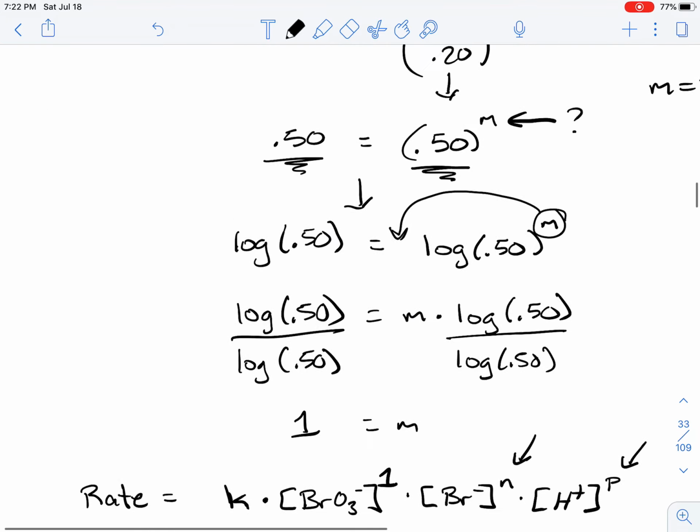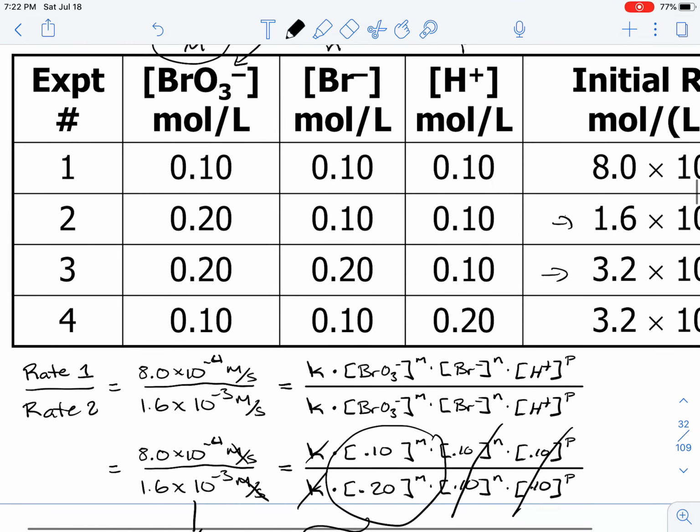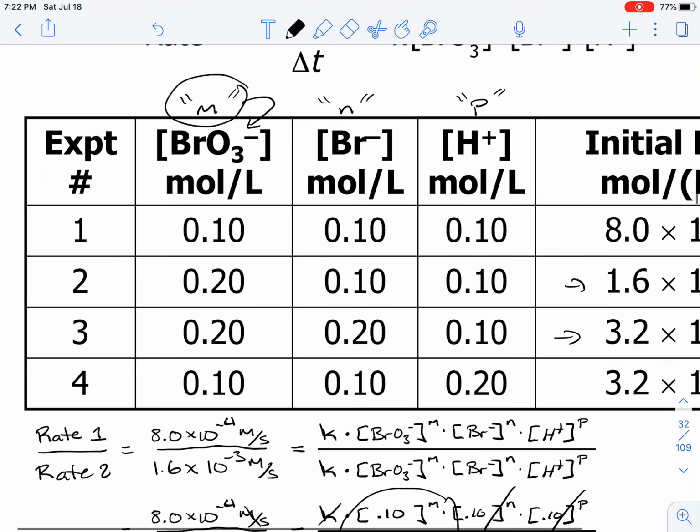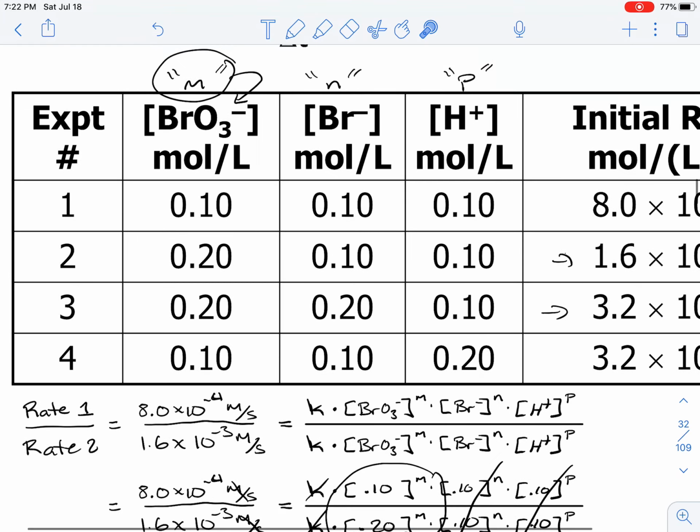Very similar to what we've done in the prior two examples, we're going to look at two experiments that will allow us to cancel bromate and bromide, since we already figured that out, leaving us with just the concentration of hydrogen ion and p to solve for.